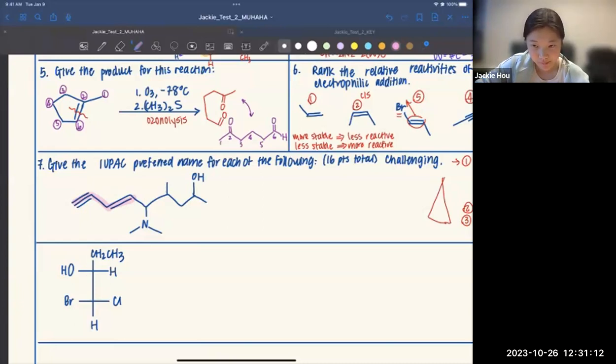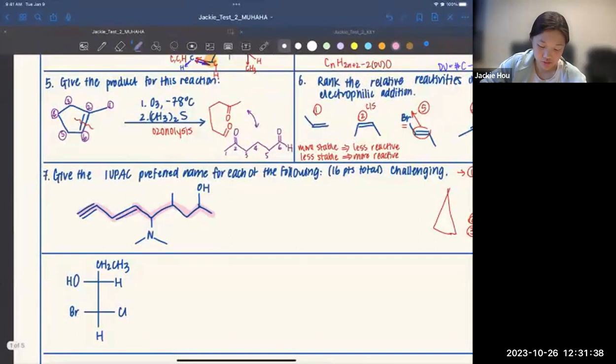My highest functional group over here is going to be my OH, and automatically if my OH is going to be my highest priority functional group, my amine is going to get demoted to branch status. So instead of it being like 4-amine or something, it's going to be considered an amino.